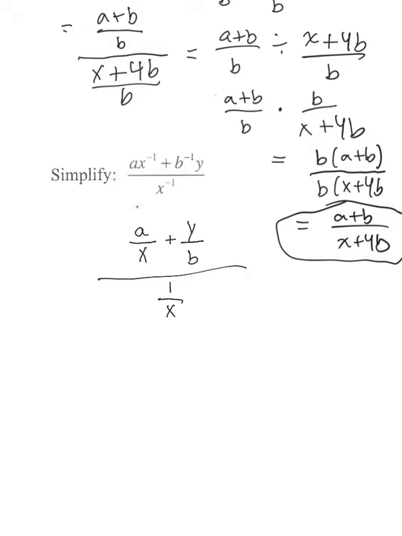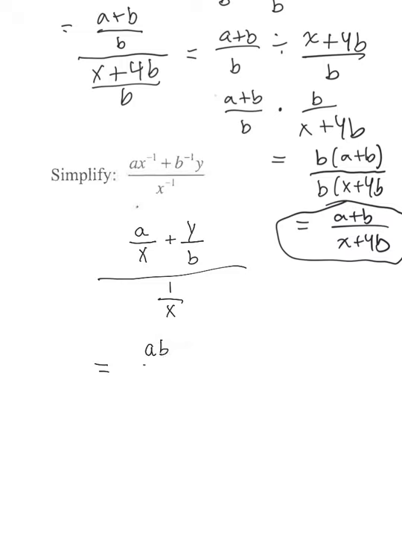There we have it. Next, I'm going to add those two fractions on the top, and the way I'm going to do that is with a common denominator. Looks like xb is going to be my best shot here. So that means multiplying a over x times b over b.